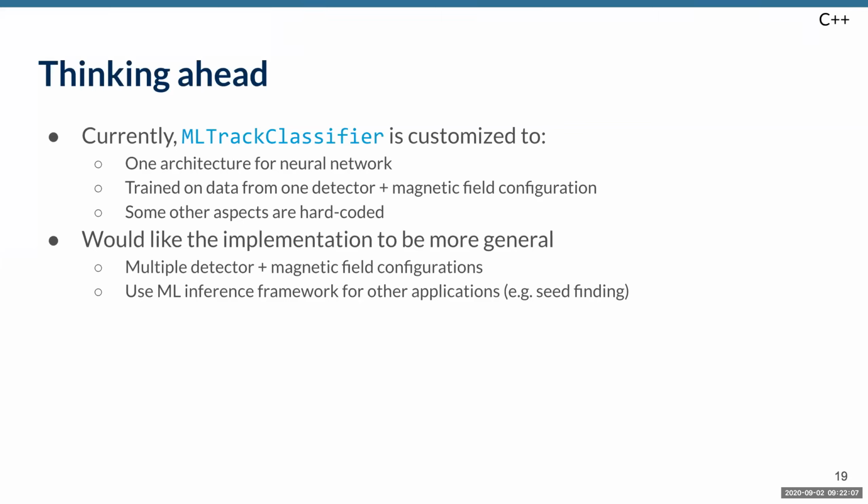We also had to handle the linear algebra that describes the network's prediction function by ourselves. What we would like to have is something a little bit more general, in the sense that it's easy to switch between different detector plus field configurations without having to rewrite a major part of your code base. But also, it would be nice to have something that can be easily used as a framework for other machine learning-based tasks, not necessarily just track classification.